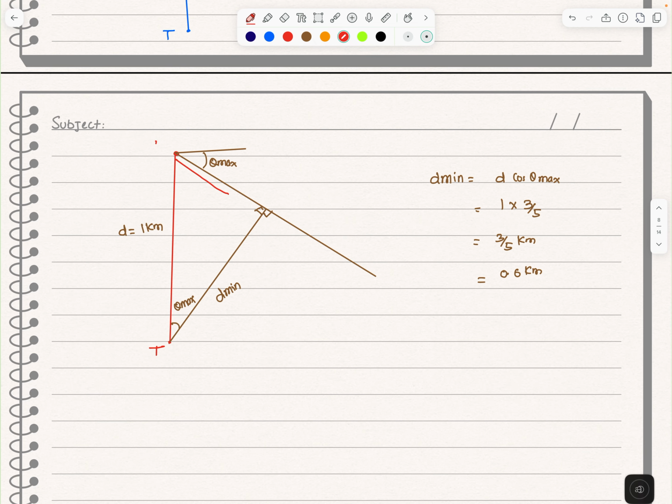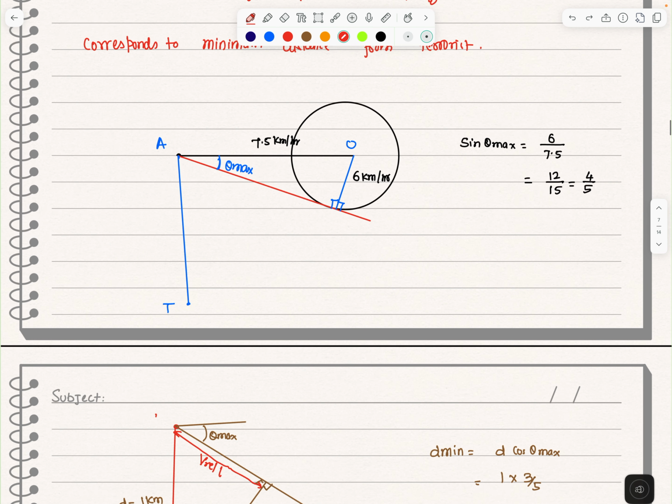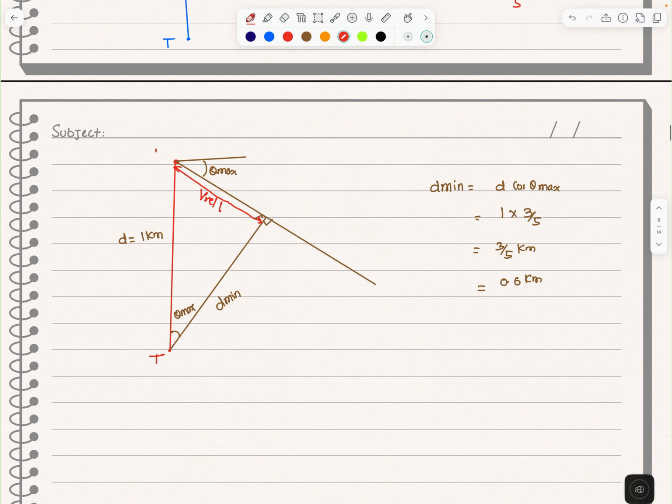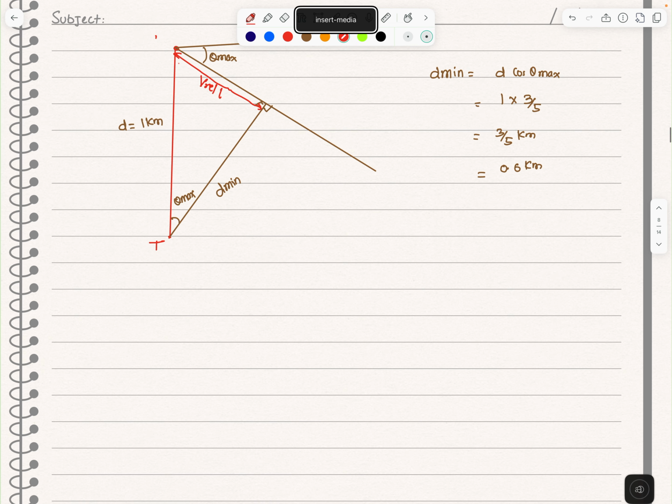This distance I can say is v relative into t. So let's calculate v relative. This is my v relative, yes or no? This is nothing but 7.5 times cos theta max. The value of cos theta max is 3/5, that becomes 4.5 kilometer per hour. Now in this part, this length is basically v relative into t.